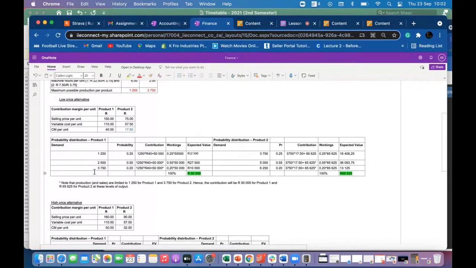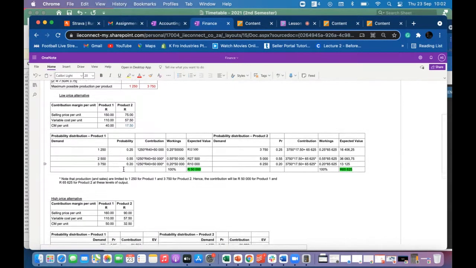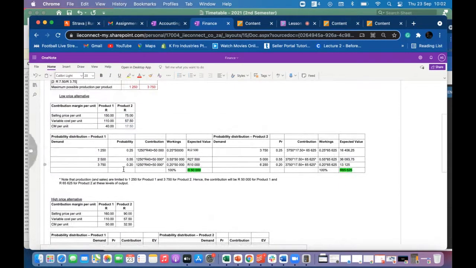Then now you have to work out the probabilities based on the demand. So this is the low alternative over here. They started with the low alternative. So remember we said demand times the probability.